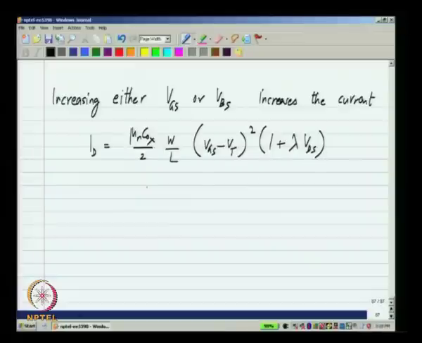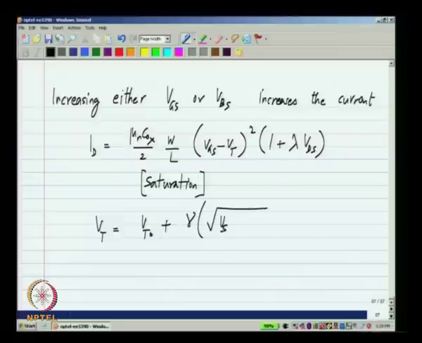This is the current in the saturation region. The principle is the same in the triode region as well. And the threshold voltage itself is given by VT0 plus gamma times square root of (VSB plus 2 phi f) minus square root of 2 phi f.